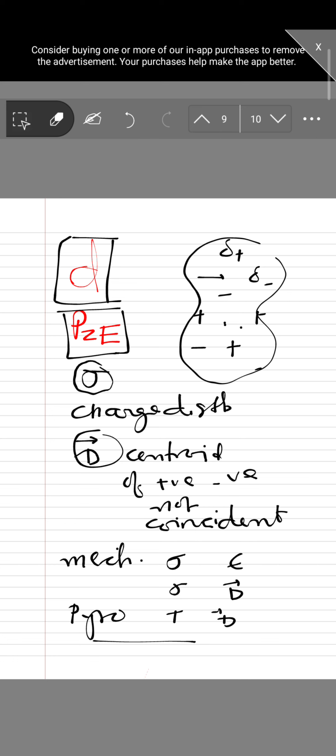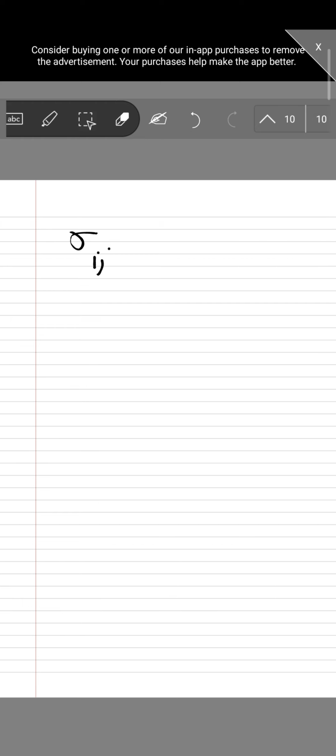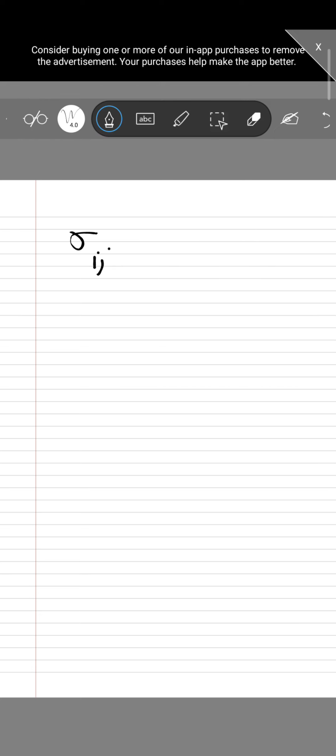As we all know, stress is a tensor quantity, so I can write it as sigma ij. Let's represent this by square brackets, which is a tensor of order 2.